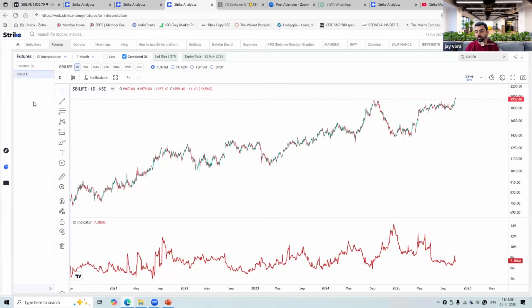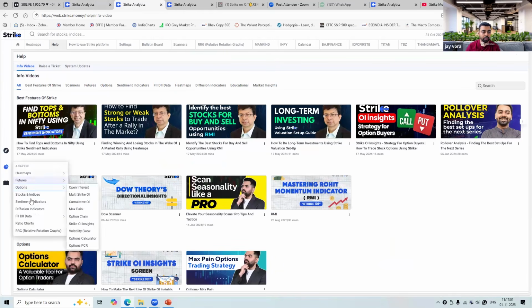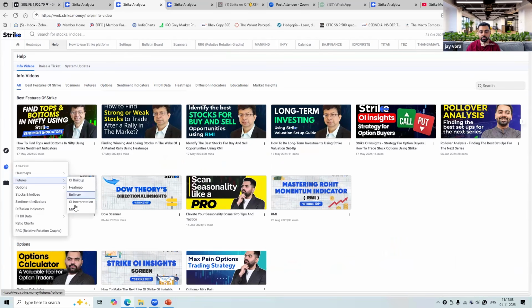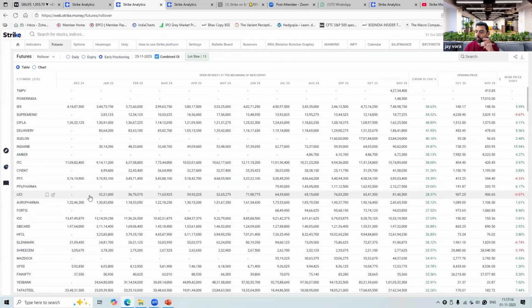Now where early positioning comes into play is over here. As I told you, I have shown you some examples where the open interest is very low and where the open interest is very high. But how will you practically come to know? You might need something to scan, and that's where this will come into play.